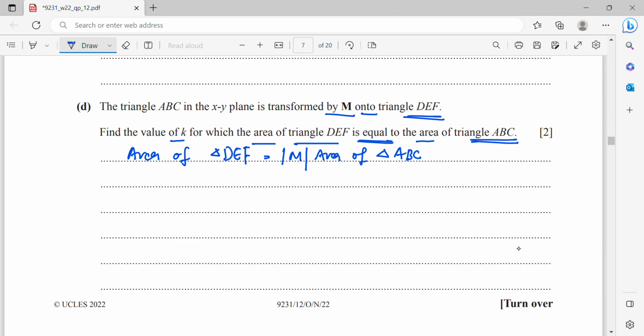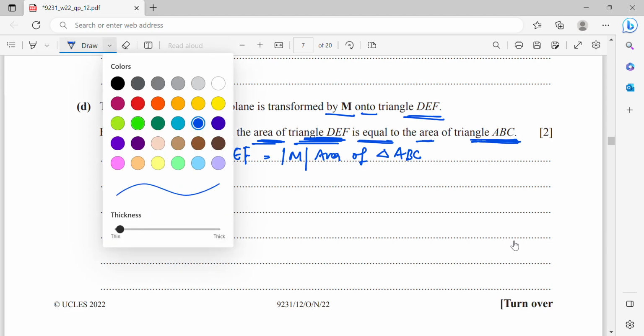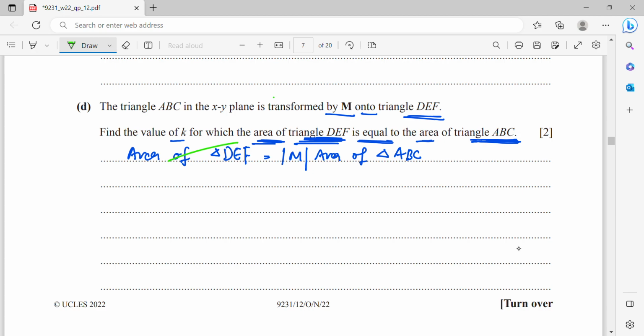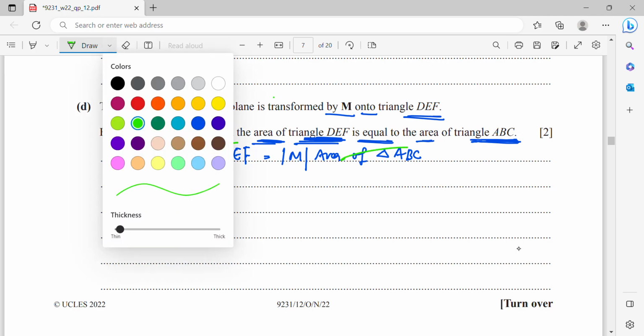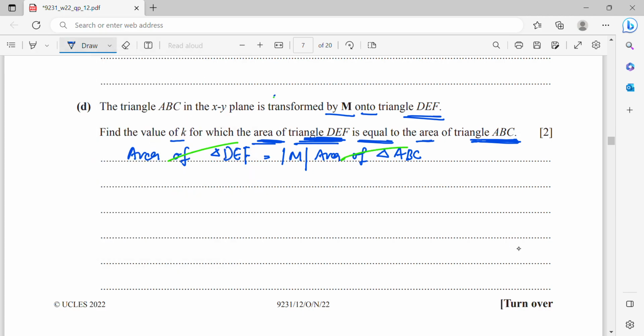Since they are the same, this area can be cancelled off on both sides. Once you cancel off, the left side is 1.